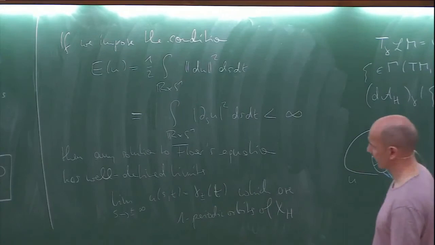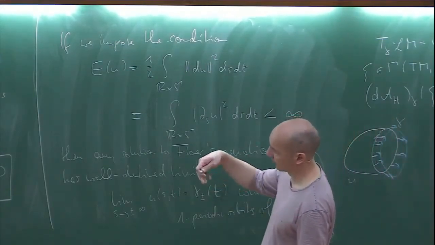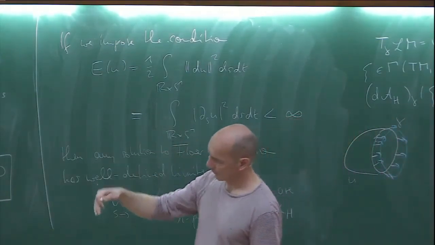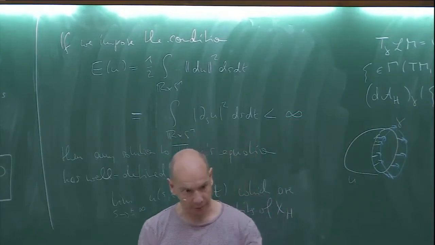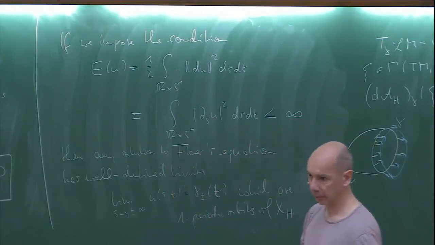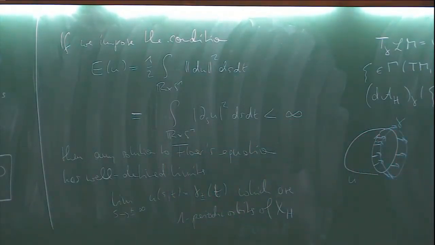And I guess for this to be literally true, I need to assume from the start that my H is such that I only have non-degenerate periodic orbits, in the sense that I defined before.